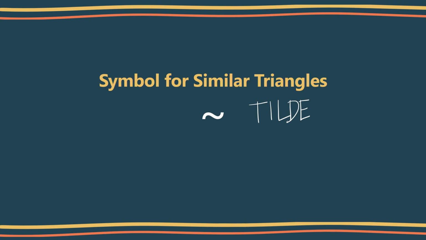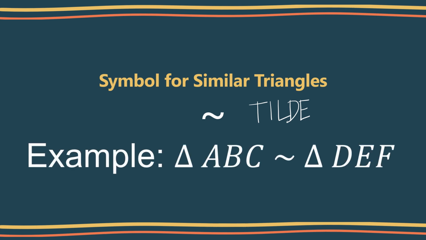So this is on your keyboard, and let me show you an example of what a similar triangle statement would look like. This is just, again, a random example. Here I'm saying that triangle ABC is similar to triangle DEF.